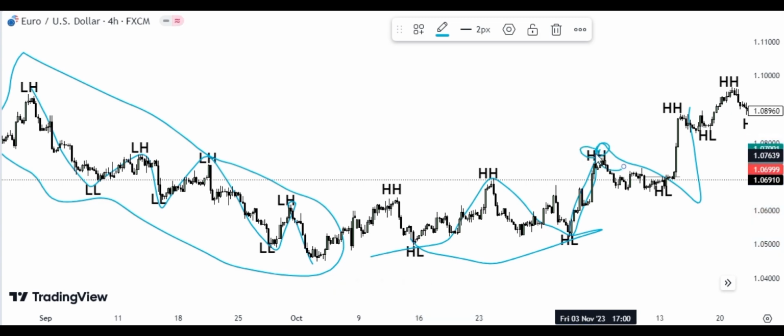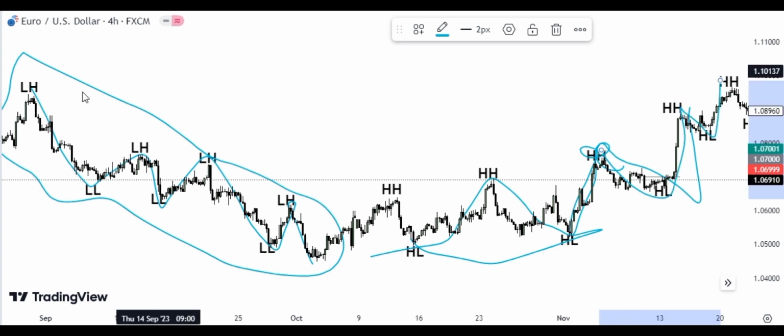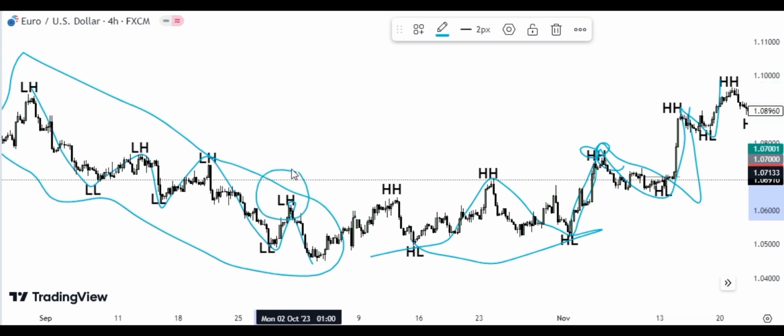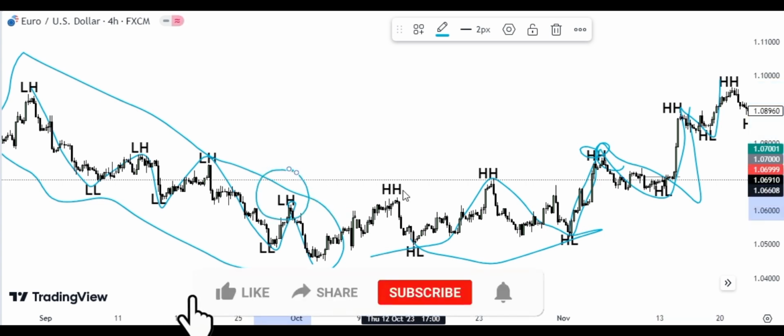And you can see the market created a new higher low, then a new higher high, same as the downtrend. As you can see, the market came from a downtrend, and then we broke the last lower high of the downtrend, which gives us a new higher high of an uptrend.